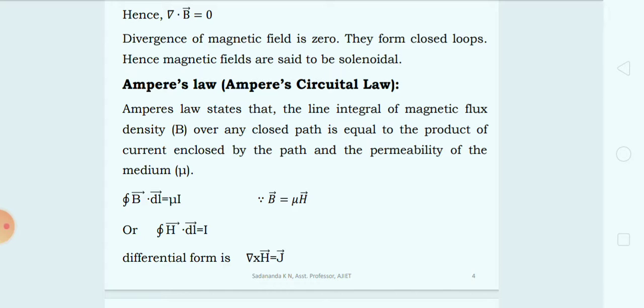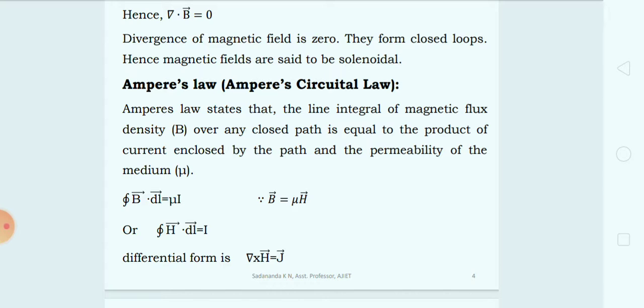Mathematically, one can write the line integral of vector B dot dl is equal to mu I, where vector B is the magnetic flux density, dl is the elemental length, mu is the permeability of the medium and I is the current. That is the expression of Ampere's circuital law.